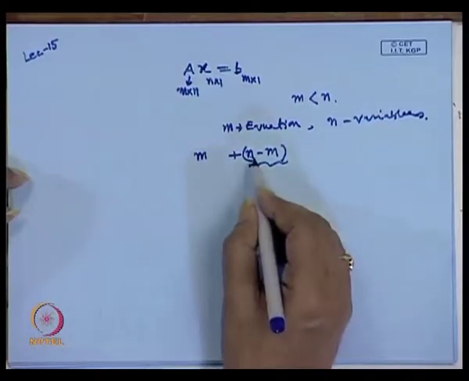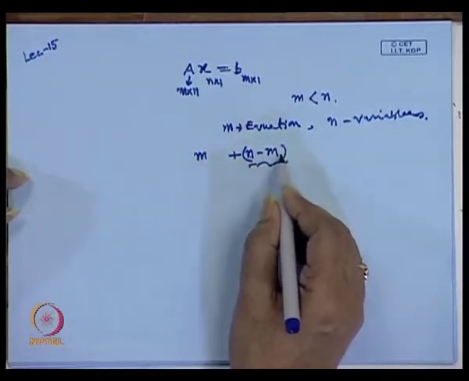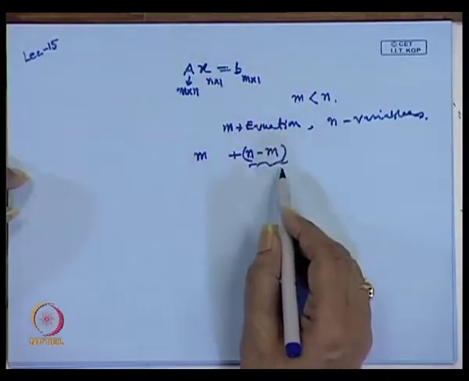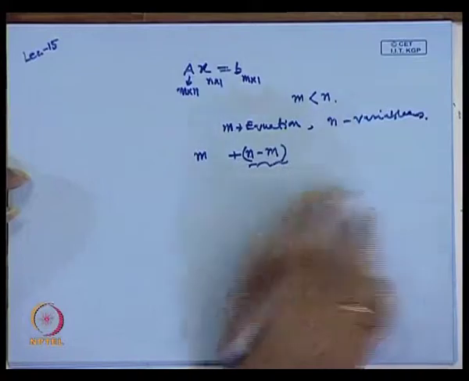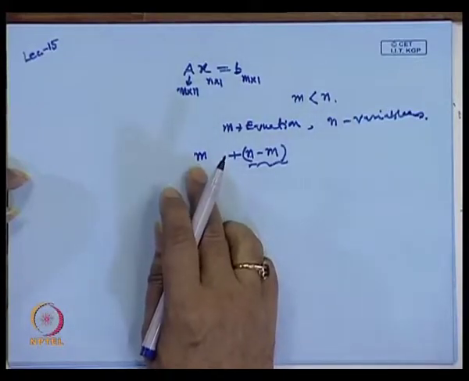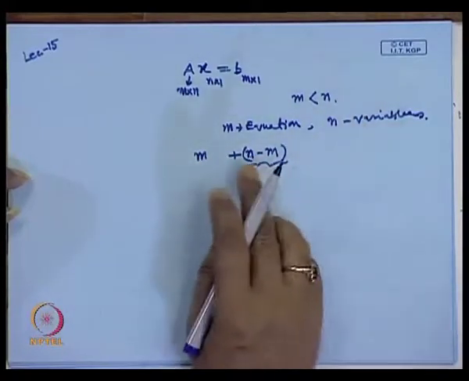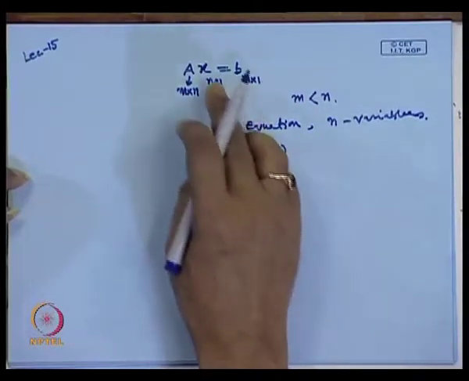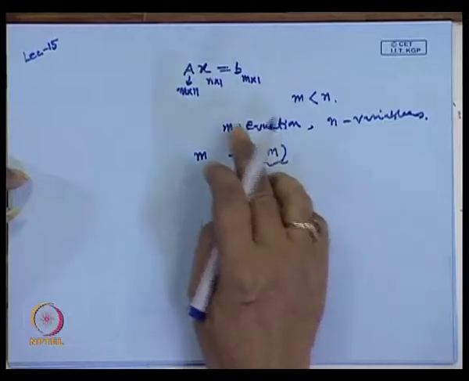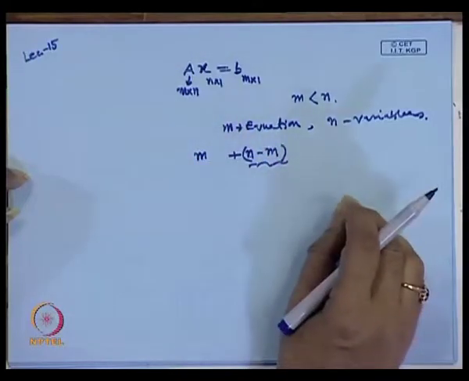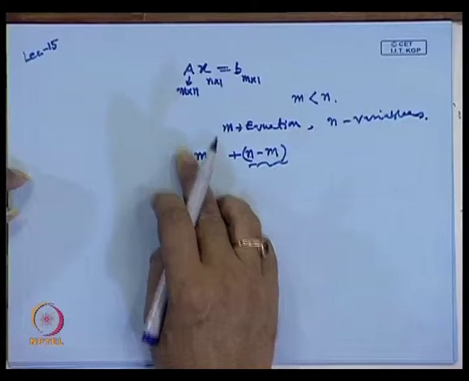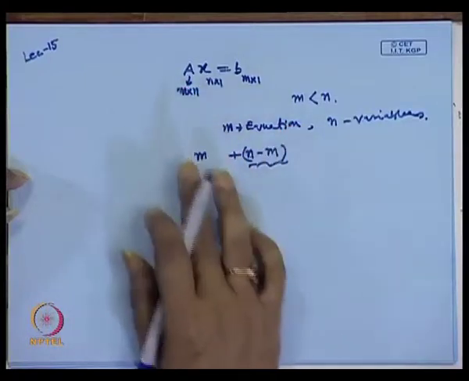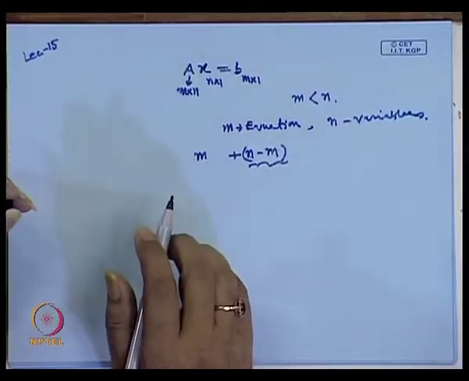Now the question is, if the last n minus m variables of x are assigned to 0, then we can find out the first m variables of x, and that solution is called a basic solution.